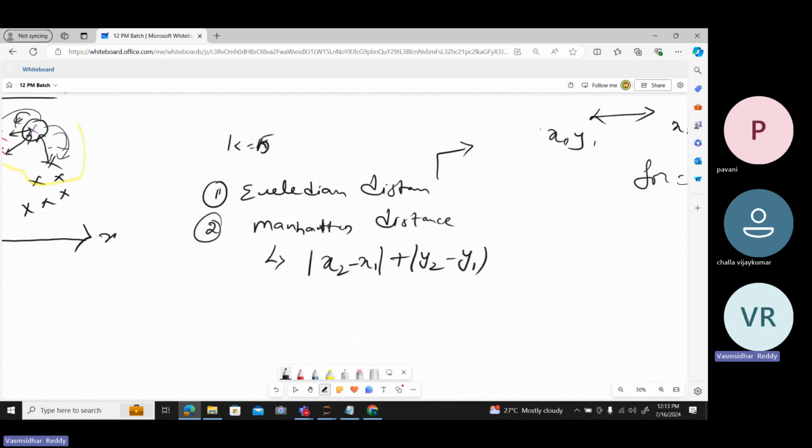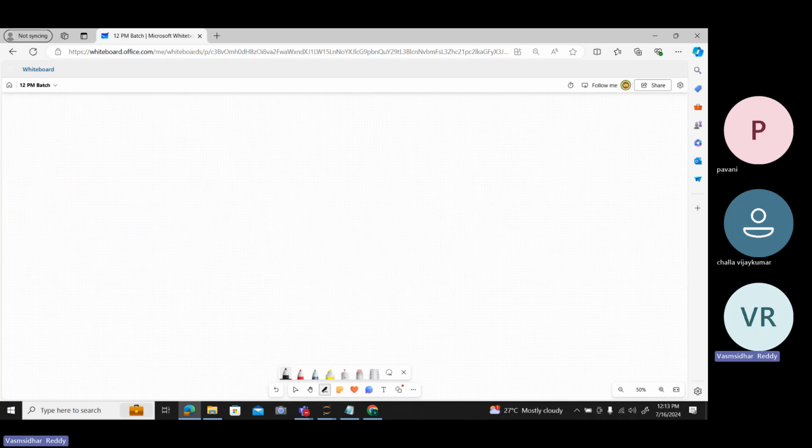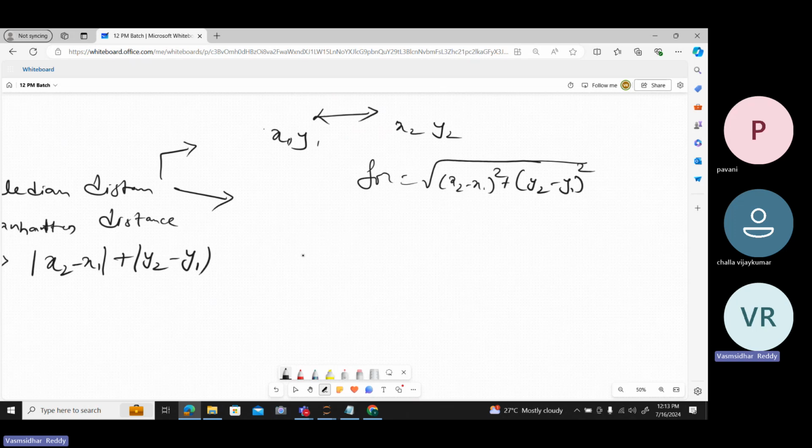How are we calculating it? Let me derive the entire formula first for the Euclidean distance, so you can clearly understand how we calculate it. We have an x-axis and y-axis, with data points x1, x2, y1, y2.